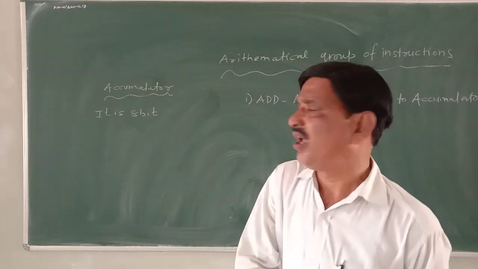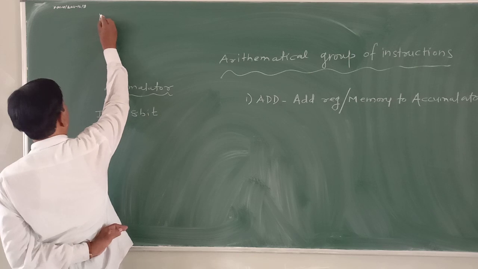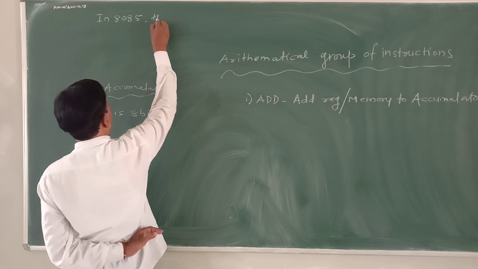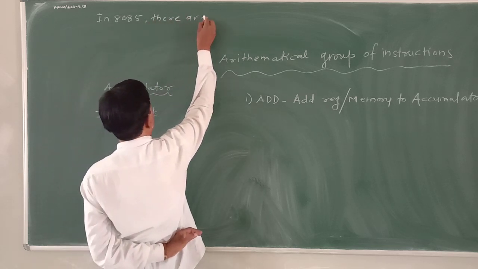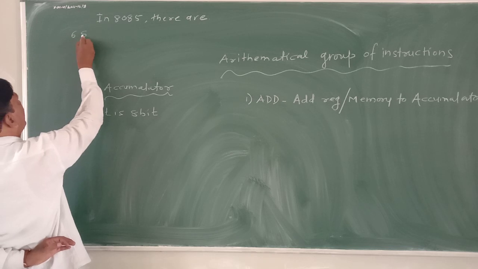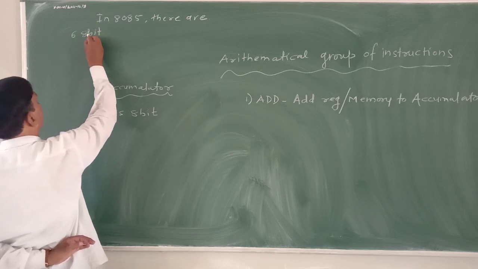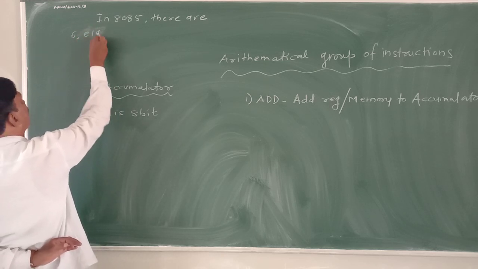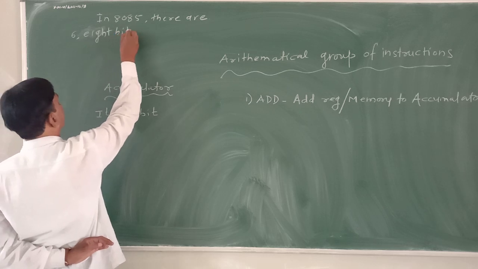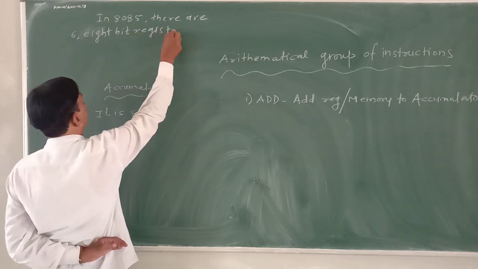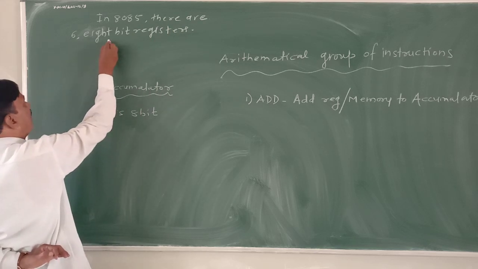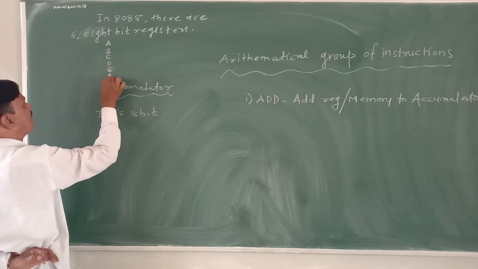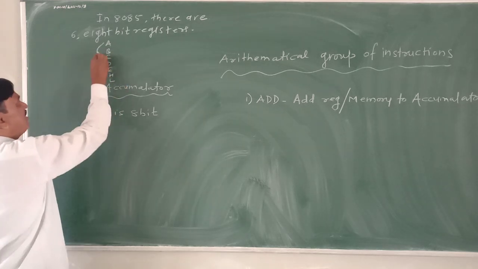In 8085 there are 6 8-bit registers. Those are A, B, C, D, E, H and L.